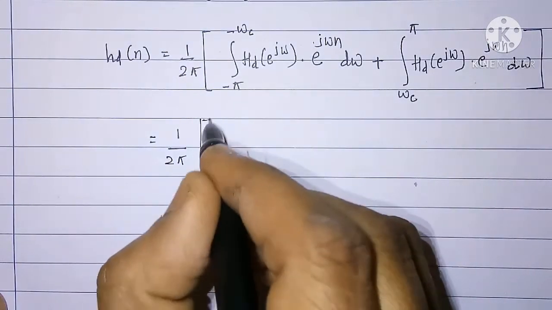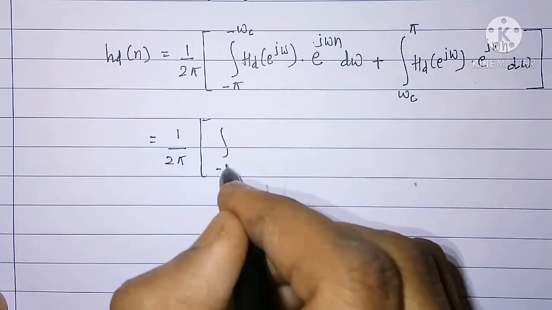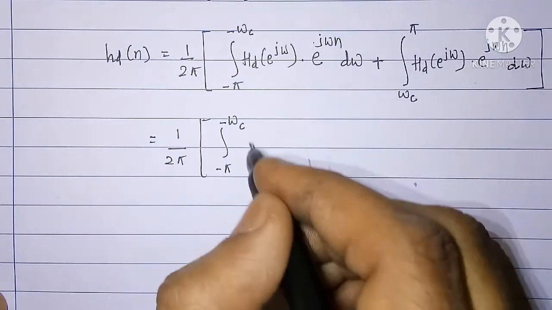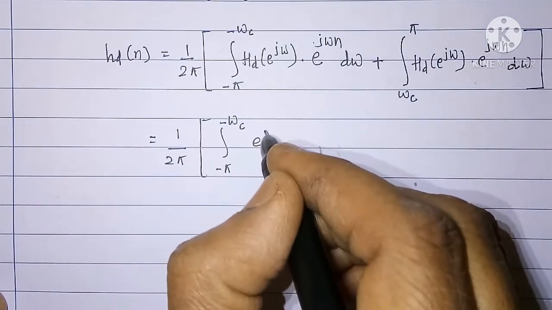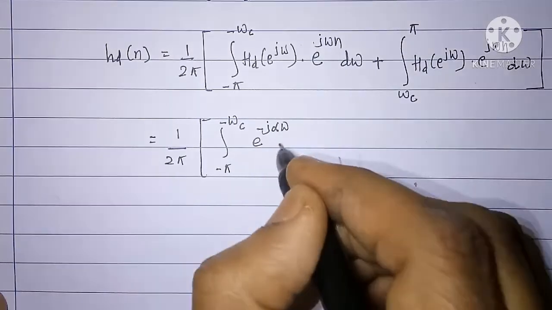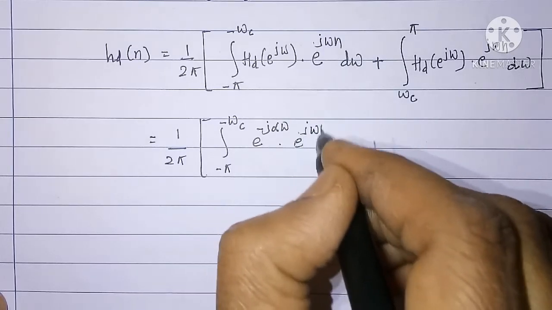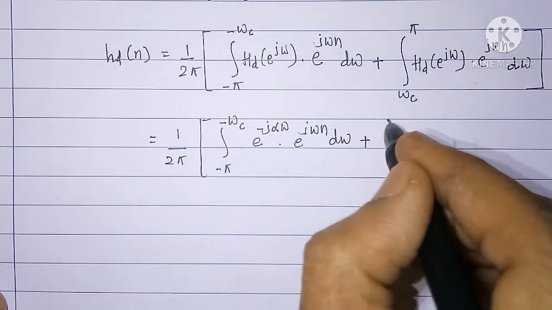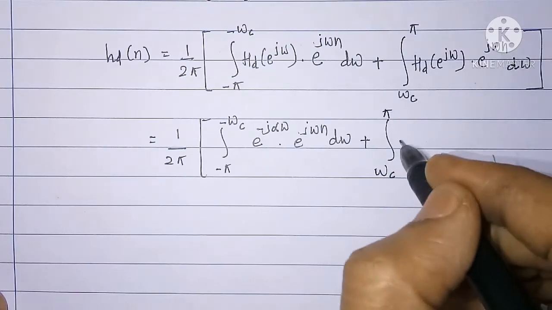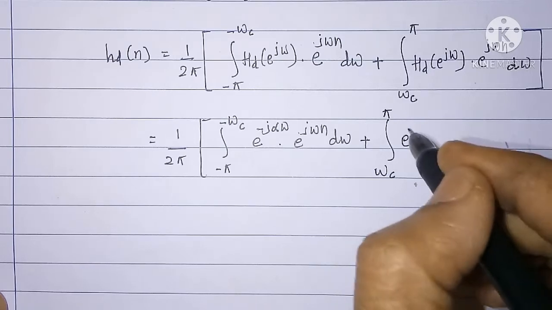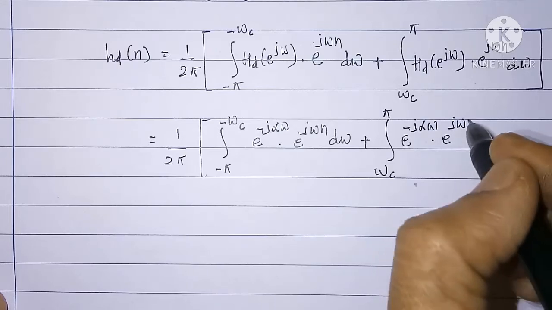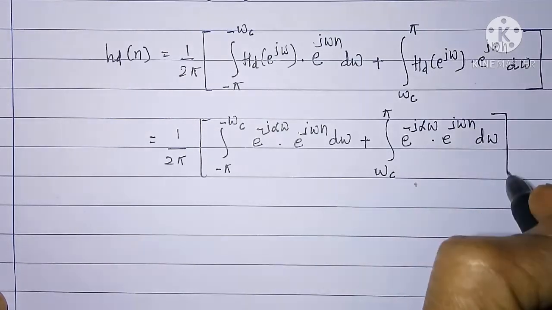One by 2 pi into the bracket, minus pi to minus omega c, HD of e raised to j omega is e raised to minus j alpha omega into e raised to j omega n d omega plus integration from omega c to pi e raised to minus j alpha omega into e raised to j omega n d omega.